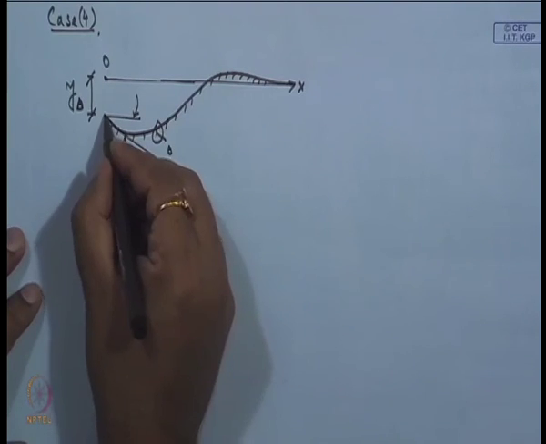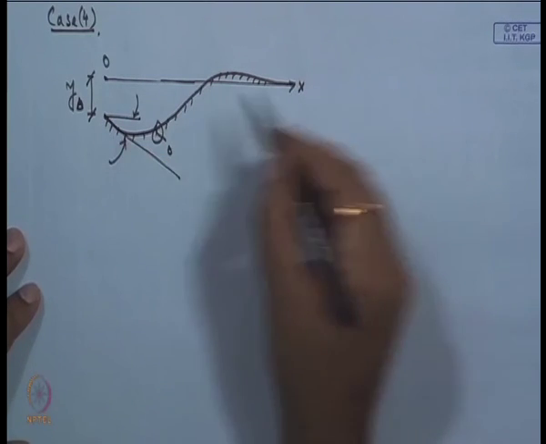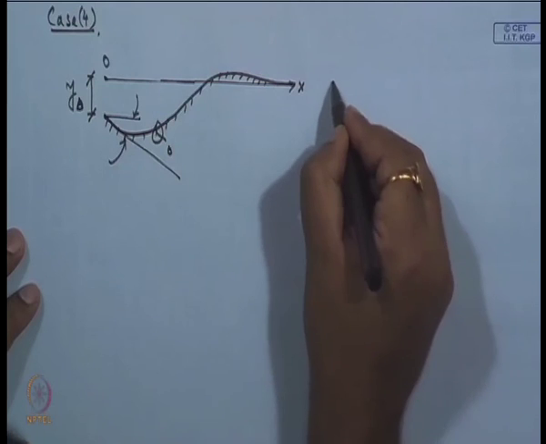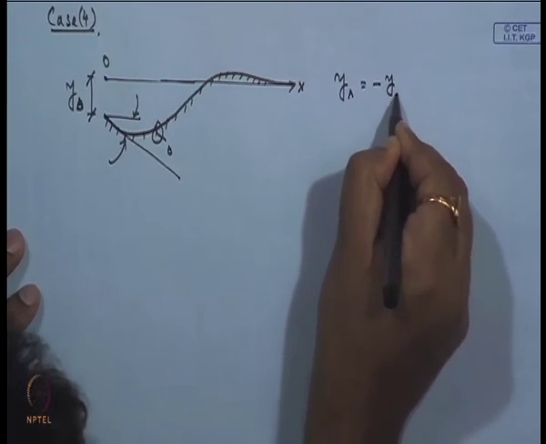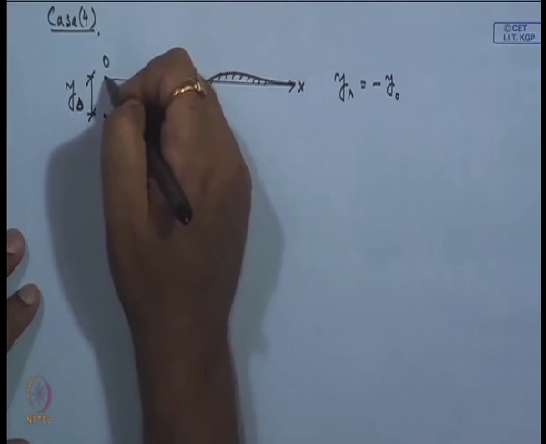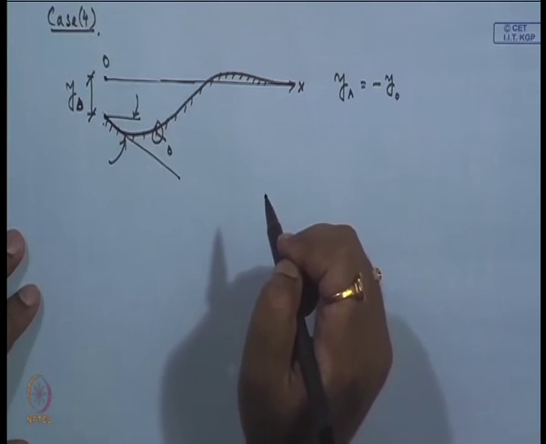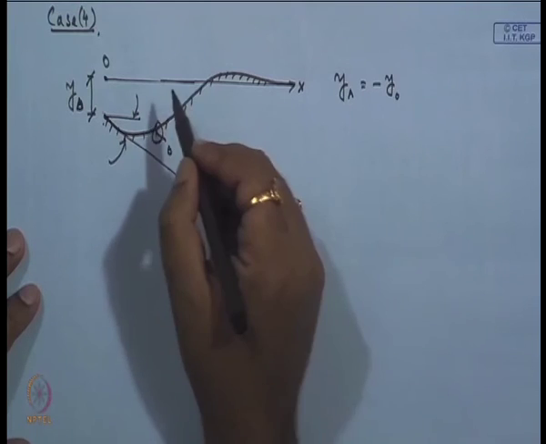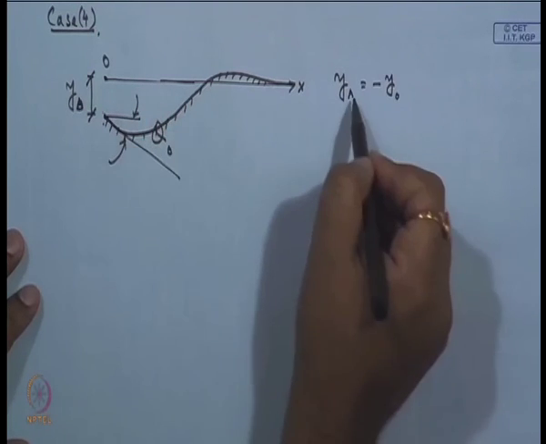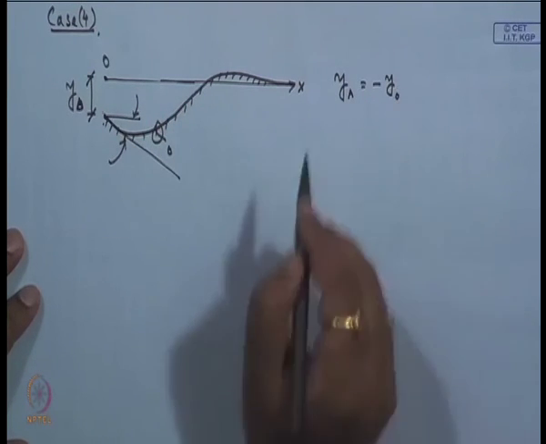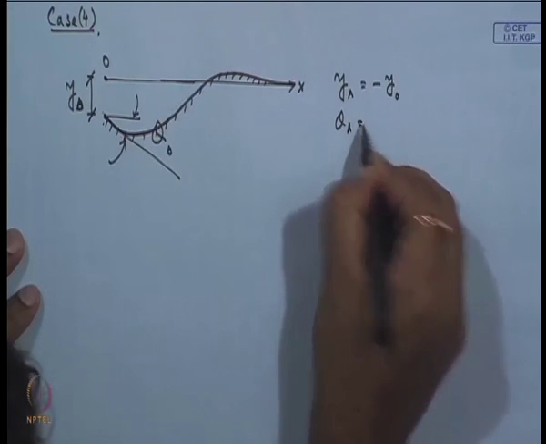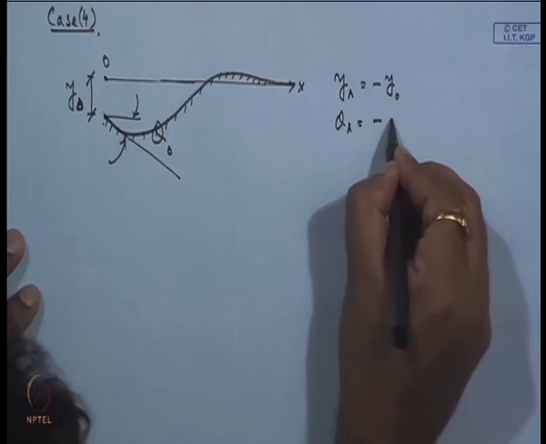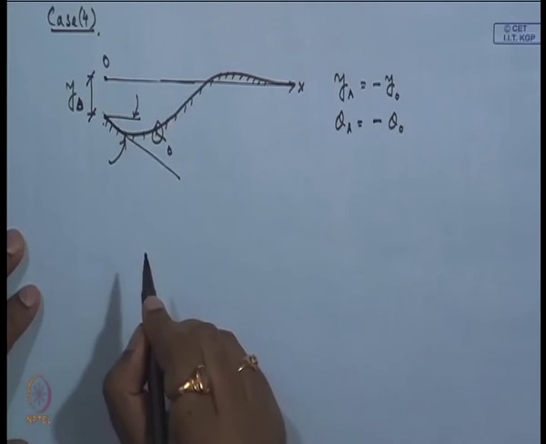Now, as this is a fixed end beam, we can take y a as minus y 0, because y 0 is the deflection in the downward direction. Similarly, theta a will be minus theta 0.